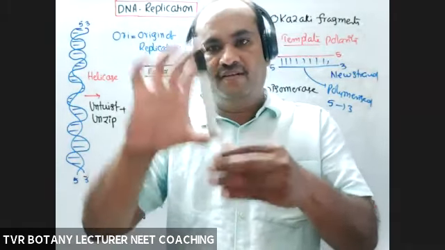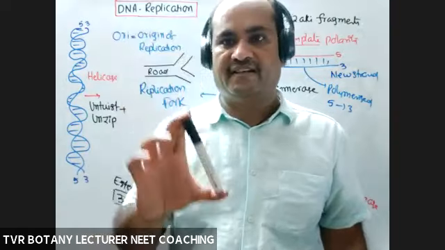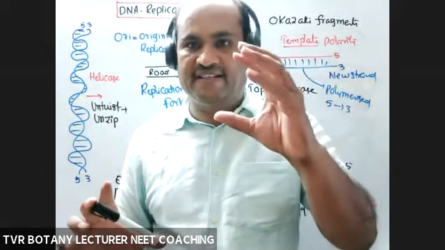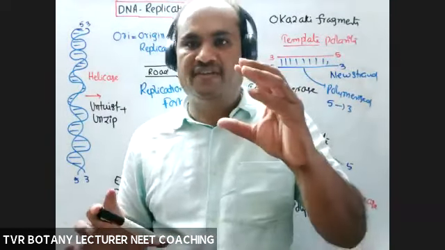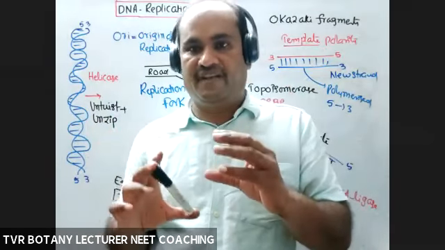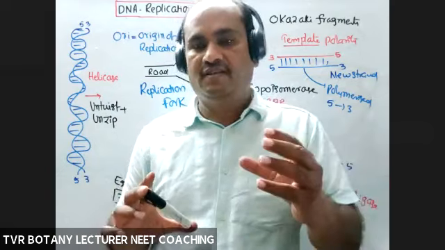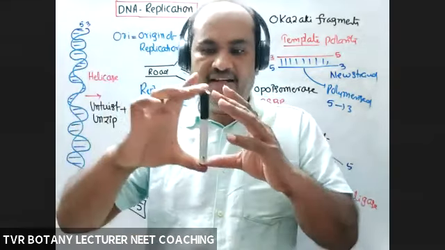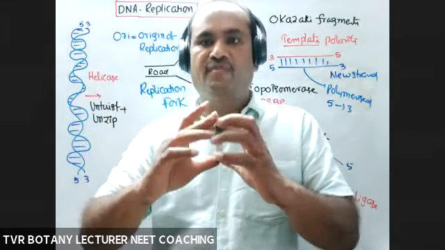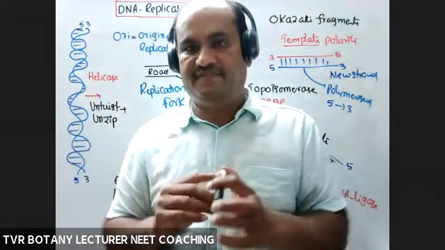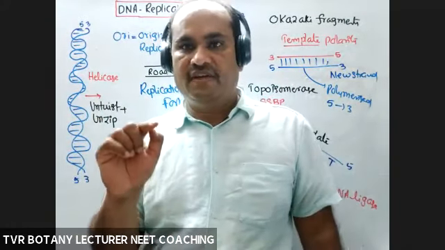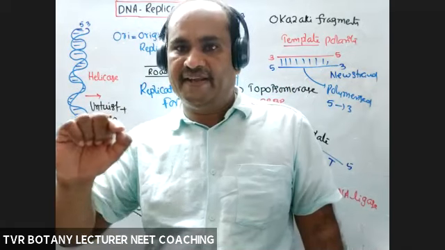Along with that, will this gene be replicated or not? So we have to select a plasmid with ORI, origin of replication. If the vector has ORI, we can ligate the foreign gene and produce a number of copies.